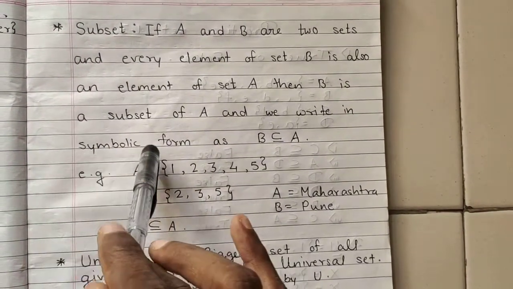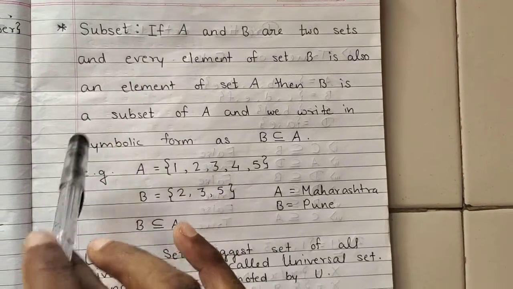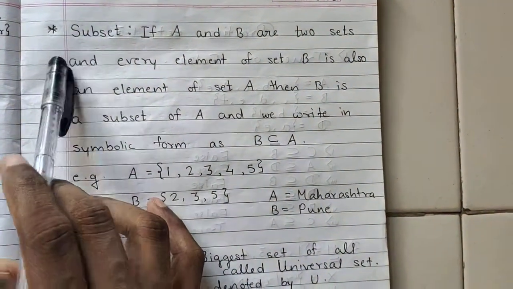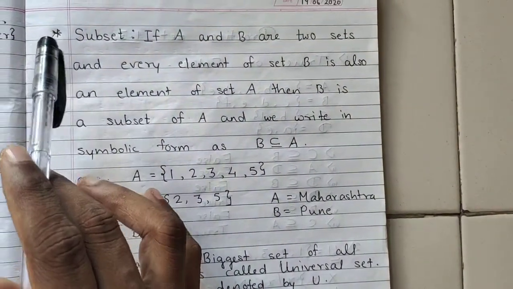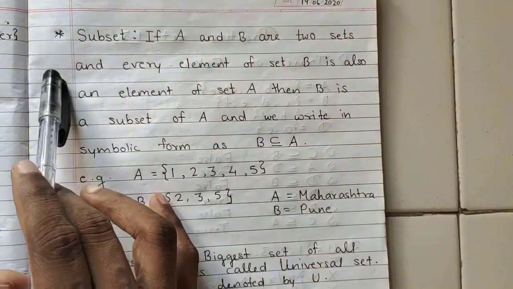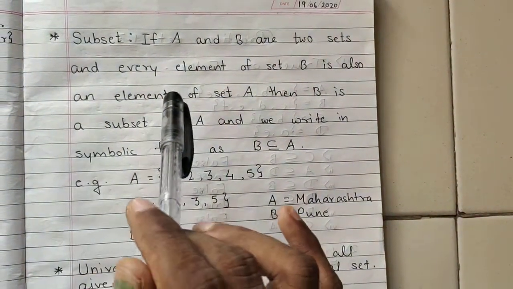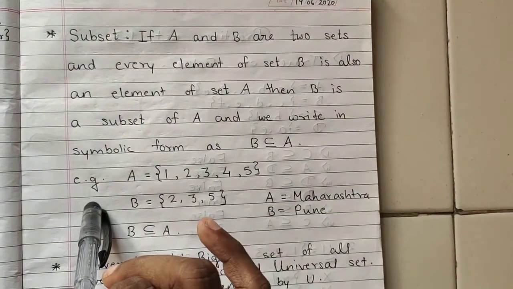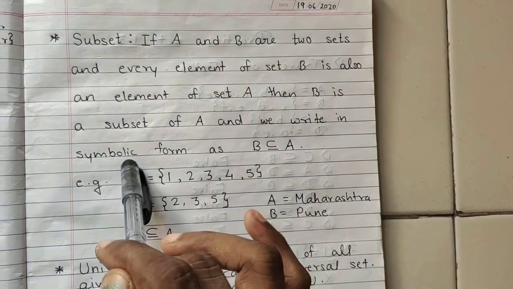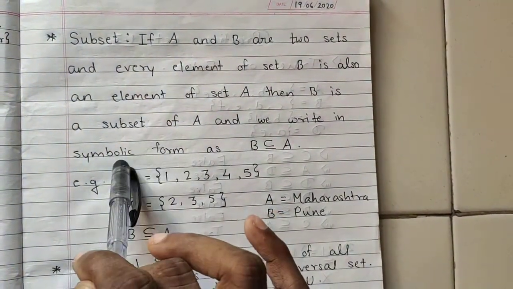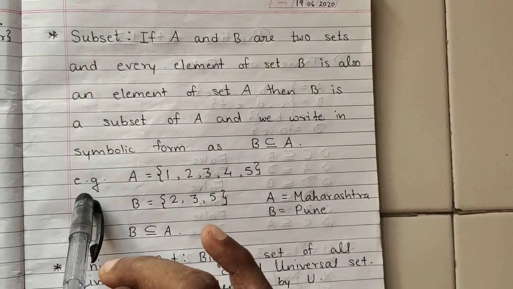If any element is not present in the bigger set, that means that set is not your subset. So basically subset is what? Subset is a small part of the bigger set, or you can say part of a set. Means all the elements which you are taking should be coming from that bigger set, then only you will call that set as a subset.